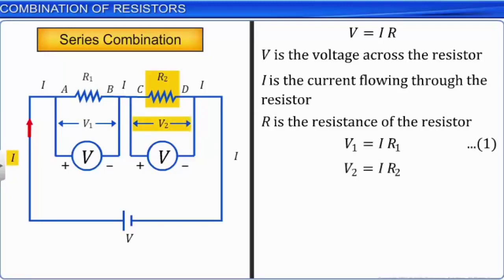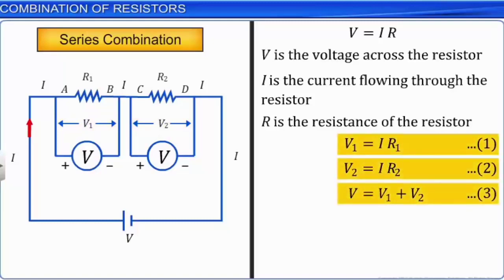The potential difference V across A and D, that is, the series combination, can be written as V is equal to V1 plus V2. Let this be equation 3. Substituting equations 1 and 2 in 3, we get V is equal to IR1 plus IR2.